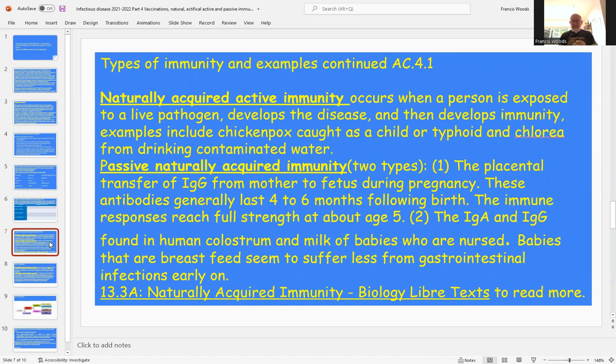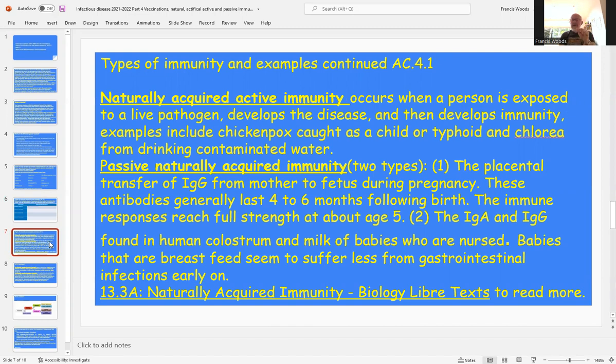Passive natural immunity is where you acquire it naturally, but you yourself haven't done anything, and that's usually in the placenta, during pregnancy, when the placenta can transfer one of these immunoglobulins.